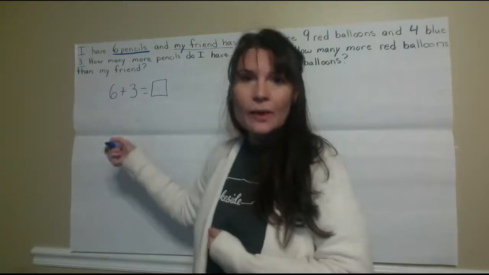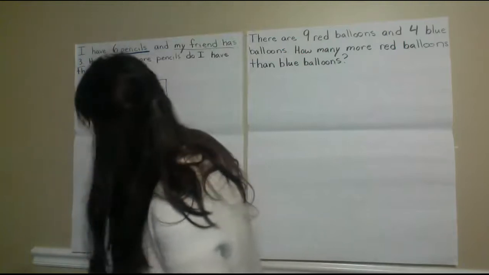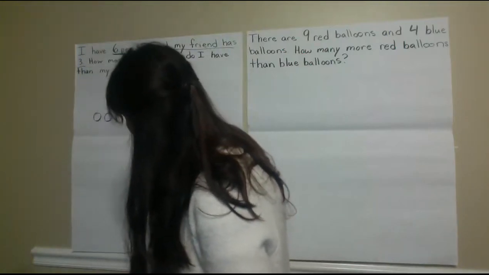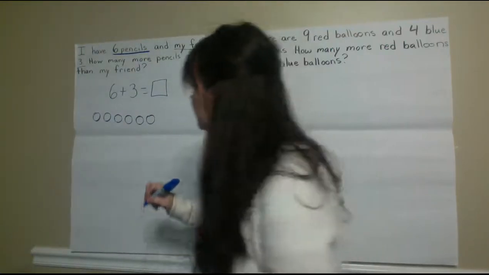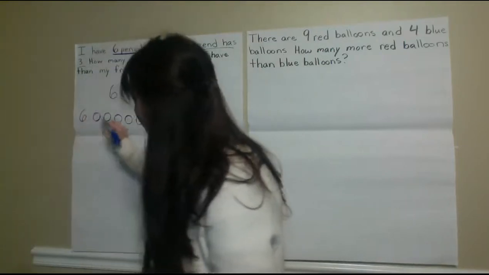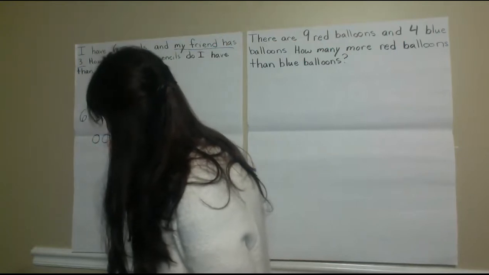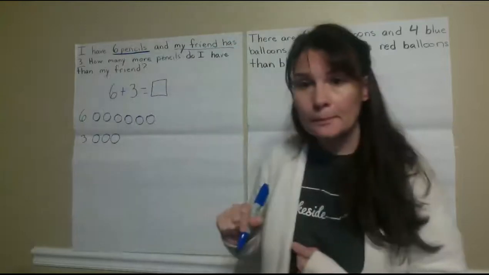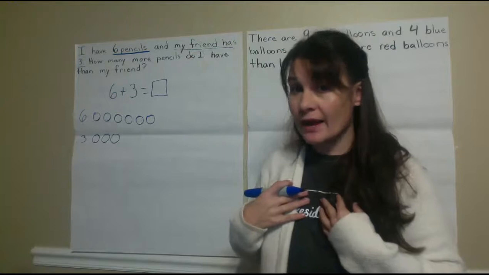So let me show you how that works. I'm going to start off by drawing 6 of my pencils. There's my 6. And then my friend had 3. And here's my friend's pencils. It's asking how many more do I have?